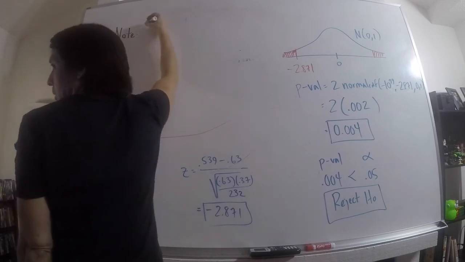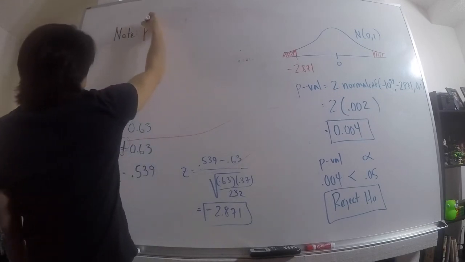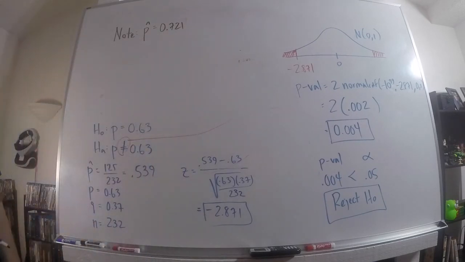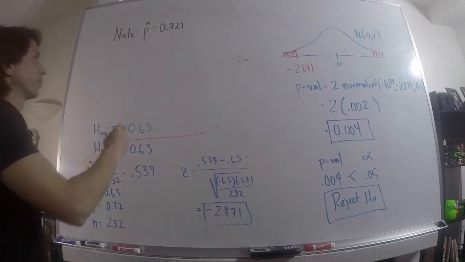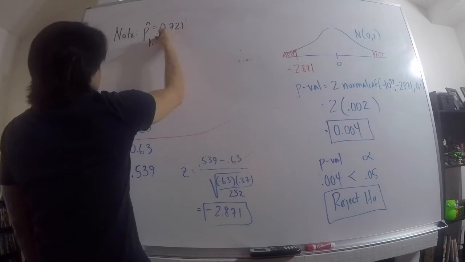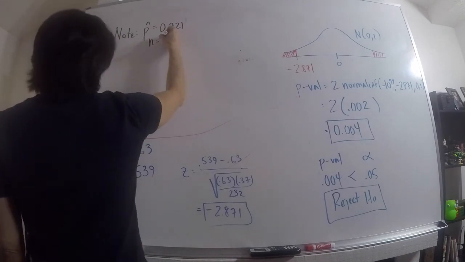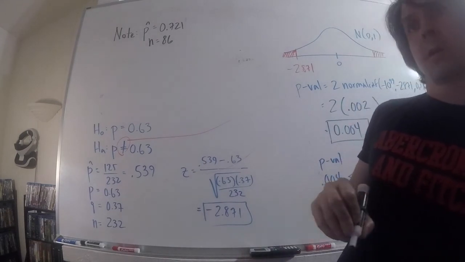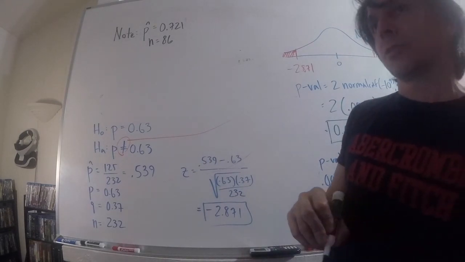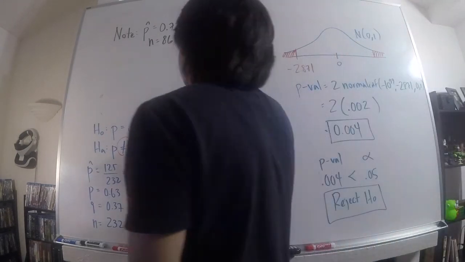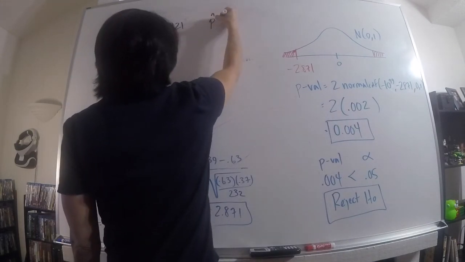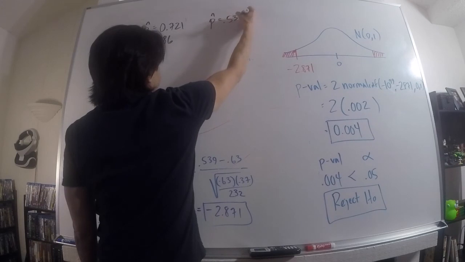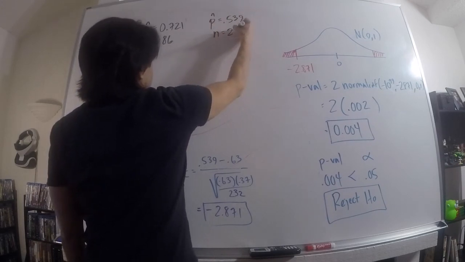Note p-hat of 0.721, which is our result from our first sample, with n equal to 86, was it? Yeah, 86. And our new result, 0.539, with an n of 232.